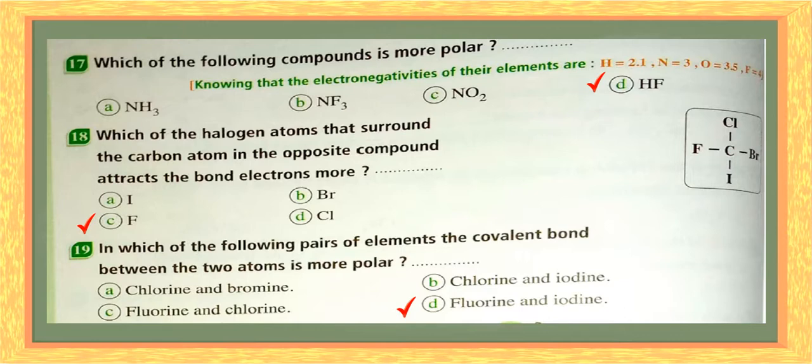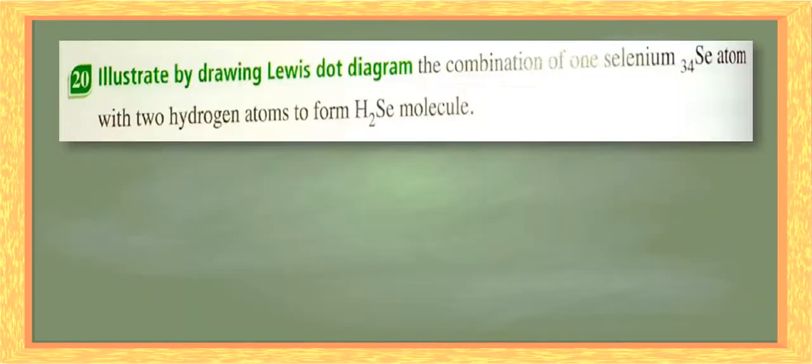There is the big difference between fluorine and iodine, making its compound have the highest difference, or the more polar bond between the two atoms when making a covalent bond. Okay, let's go to question 20.